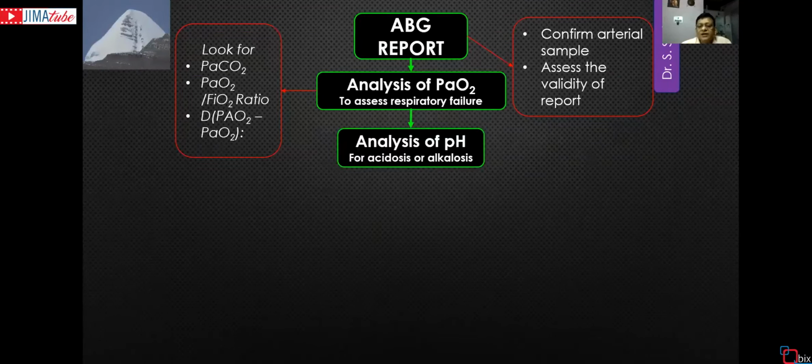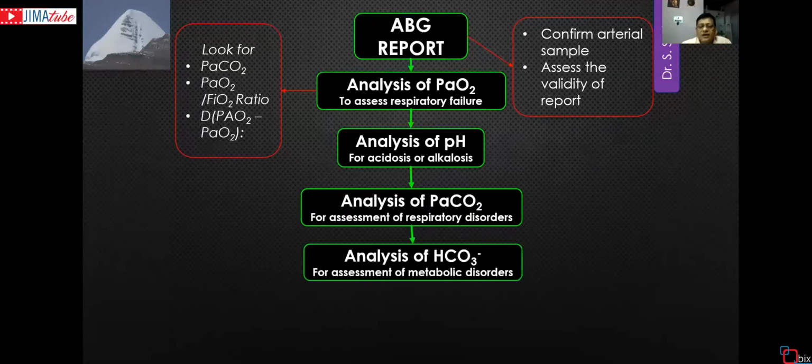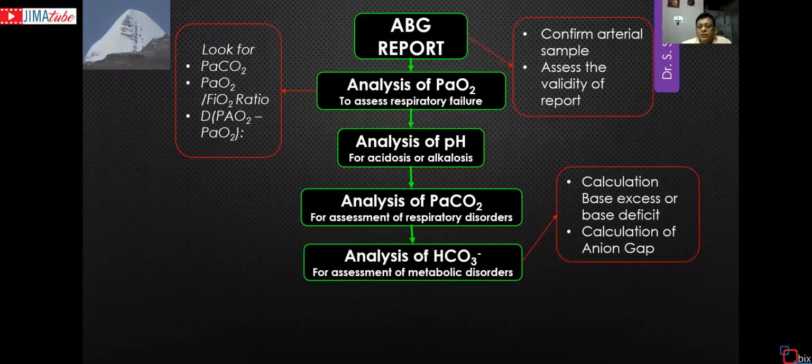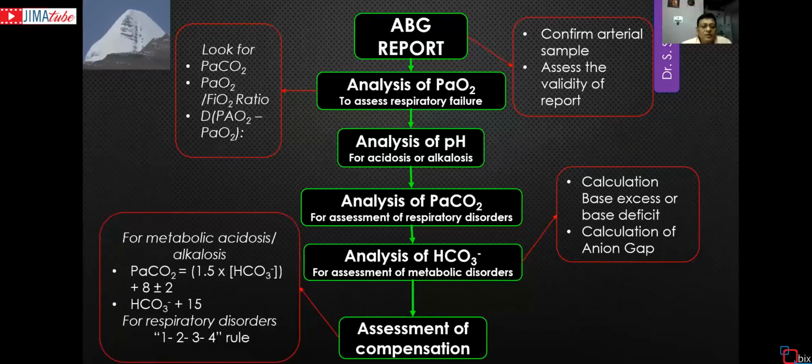After that, we should analyze pH to look for whether it is acidosis or alkalosis. Then analyze carbon dioxide to assess whether it is a respiratory disorder. Then assess bicarbonate to assess whether it is a metabolic disorder. And when a metabolic disorder is present, we have to calculate the anion gap and base excess or deficit, then assess for compensation for bicarbonate.